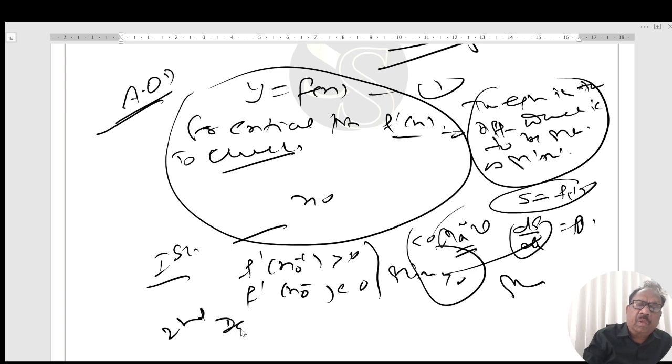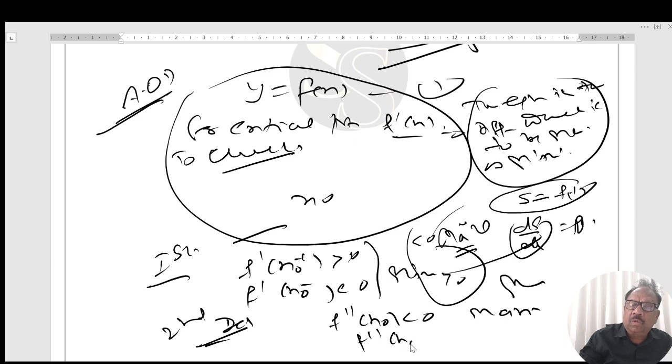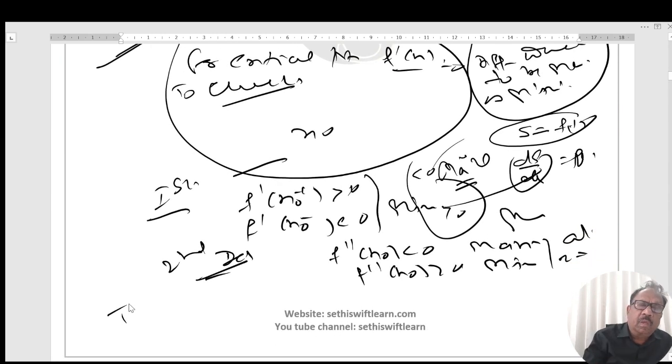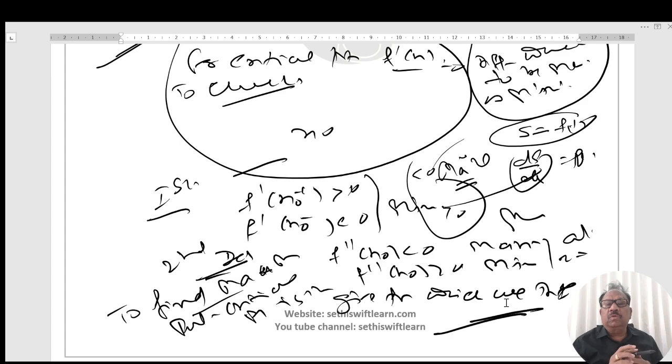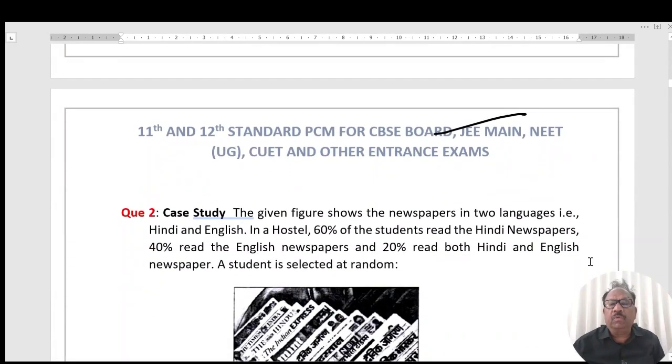Second derivative test: f''(x₀) less than 0, maximum; f''(x₀) greater than 0, minima, at x = x₀ critical point. To find the maximum or minimum value, put the critical point in the given function which was differentiated. This is all about the question, additional information.